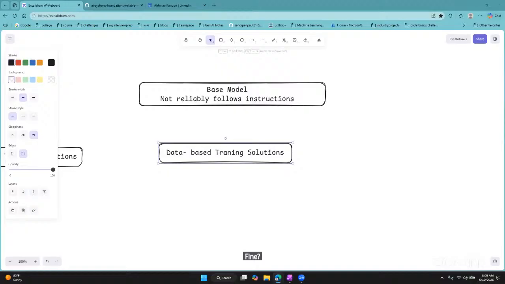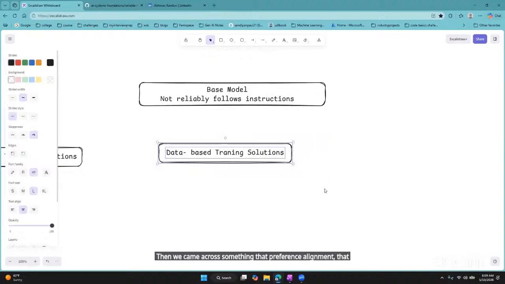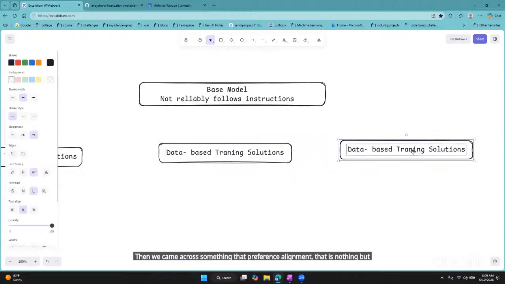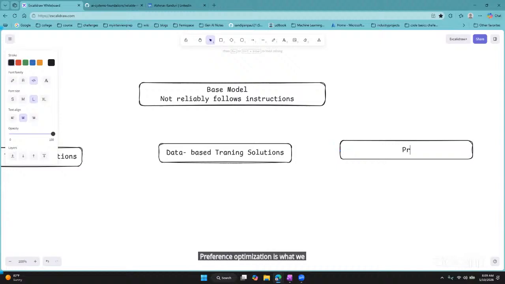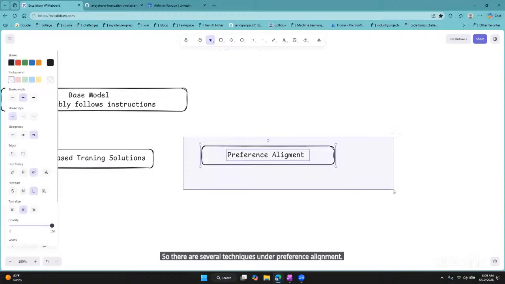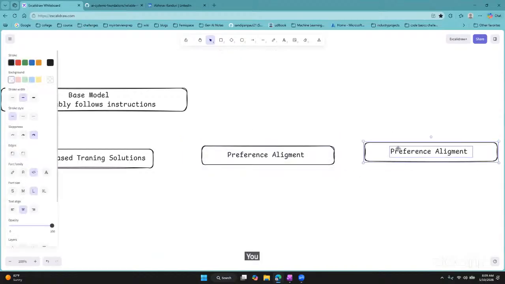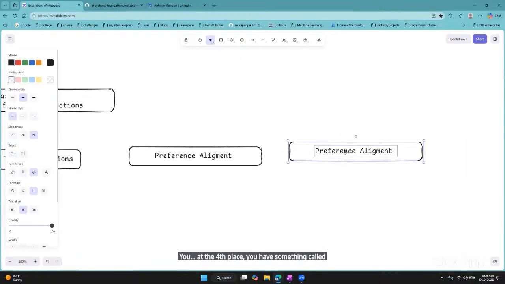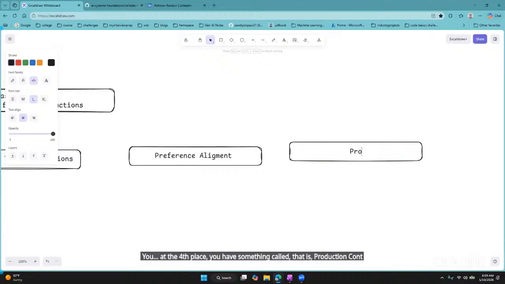Then we came across preference alignment, that is nothing but preference optimization, which we talked about. There are several techniques under preference alignment, and then at the fourth place you have production controlled solutions.